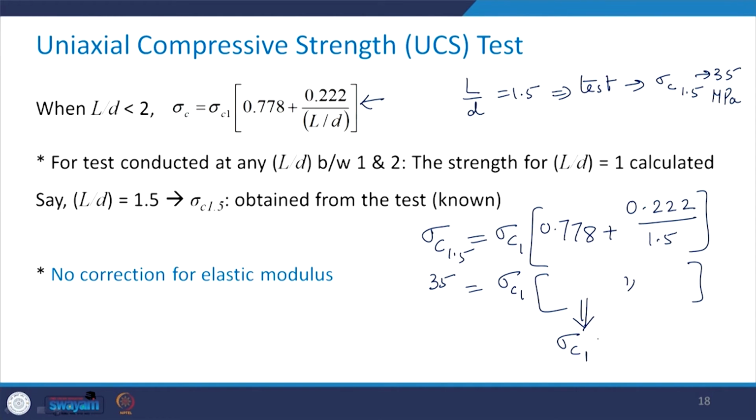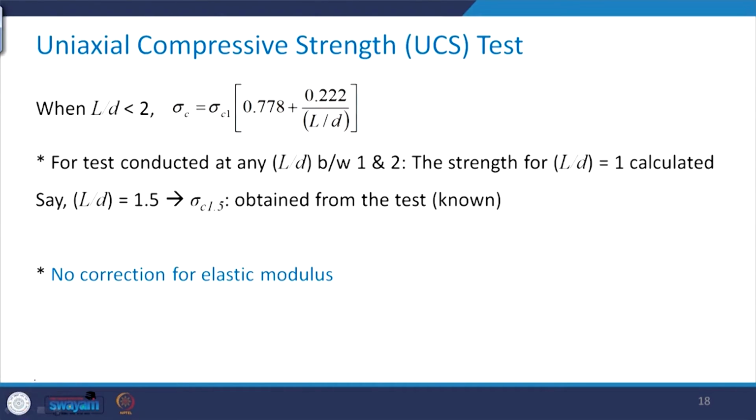Now, what should be the next step? Because we need it for sigma C at 2. So you can carry out this calculation and find this sigma C1. Say that this works out to be 22 MPa, for example. So now how to obtain the final value of the UCS? Let us come over again. We have this sigma C1 as 22 MPa.